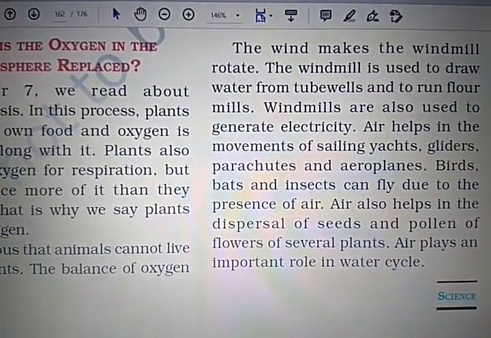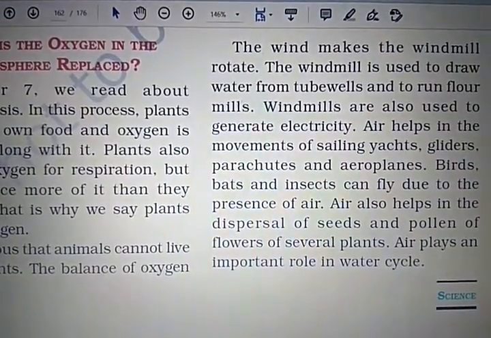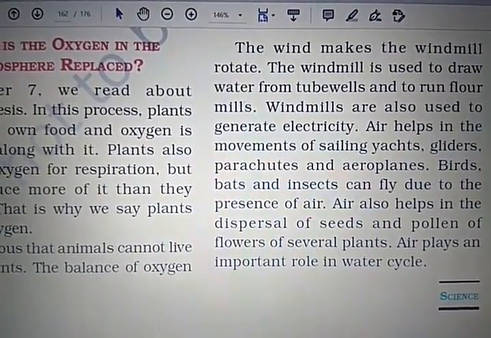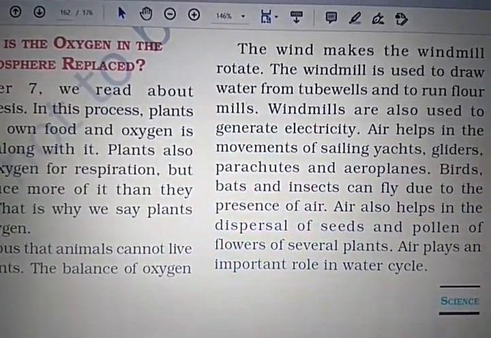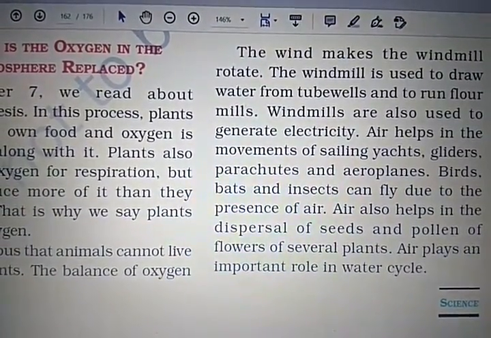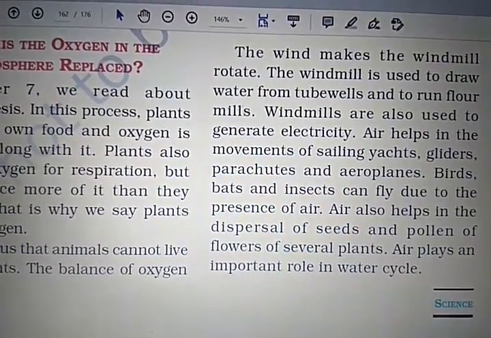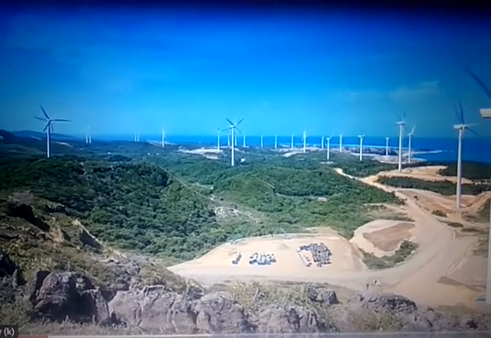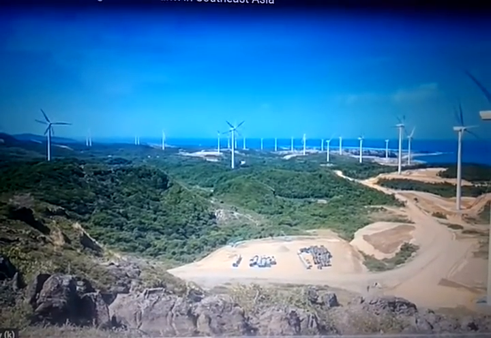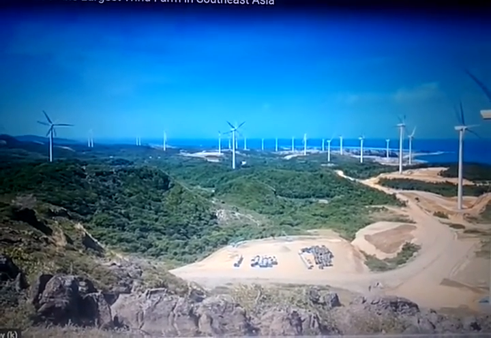It is also used to run yachts, gliders, parachutes, to run floor mills and to get electricity. In this way air plays an important role in the water cycle. So dear students, let's see how wind energy is created.